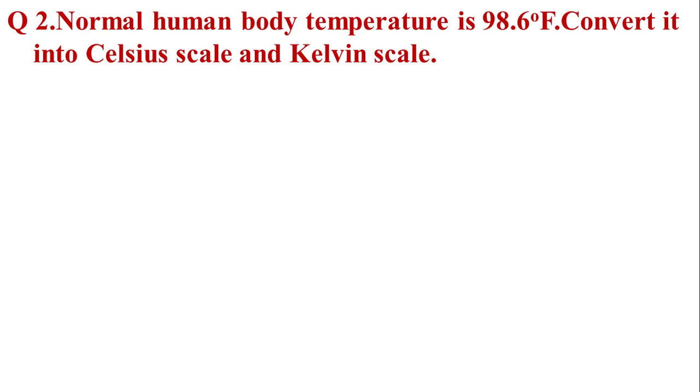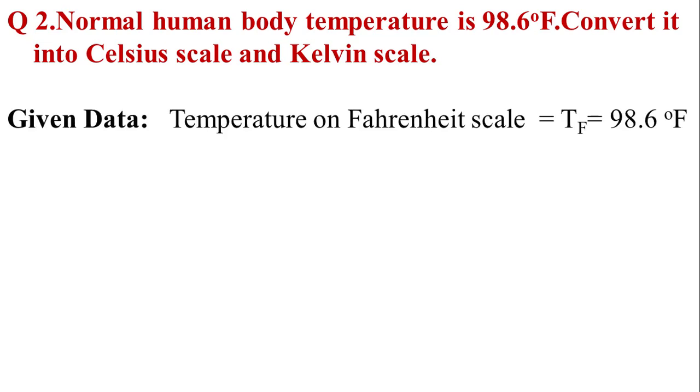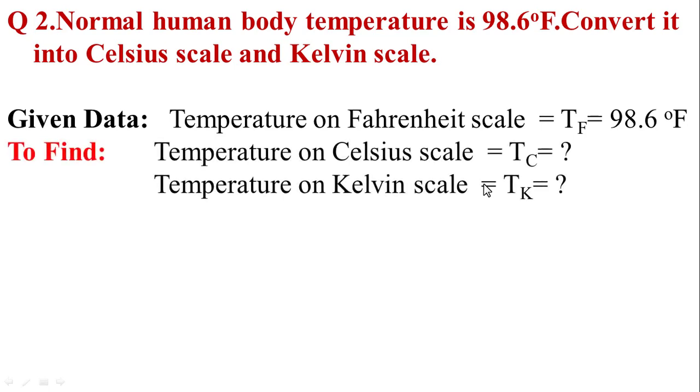In question number 2, normal human body temperature is 98.6 Fahrenheit. Convert it into Celsius scale and Kelvin scale. Here, given data, temperature in Fahrenheit scale Tf is equal to 98.6 Fahrenheit. Now, we require two values, temperature on Celsius scale and temperature in Kelvin scale.